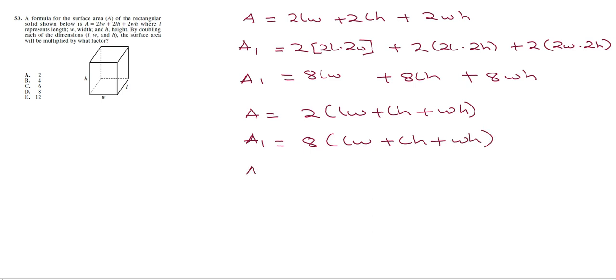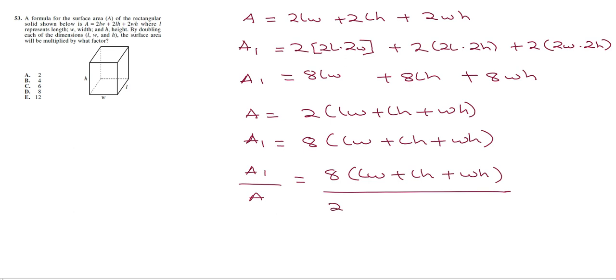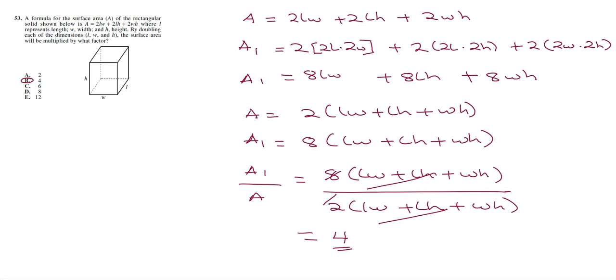So if we divide A1 by A to find out the multiplier factor, we have 8 times (LW plus LH plus WH) divided by 2 times (LW plus LH plus WH). So this is the same, we cross it out. 8 divided by 2, we have 4. So the multiplier factor is 4, which gives us option B.